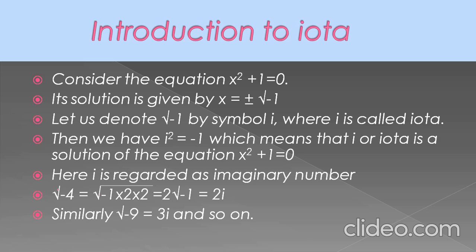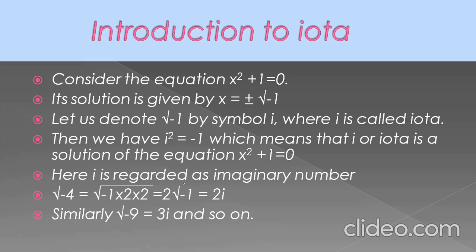And how can we use it? For example, we have to find square root minus 4. So we will factorize minus 4, that will be equal to minus 1 into 2 into 2. So 2 comes out of the square root and we are left with 2 square root minus 1.